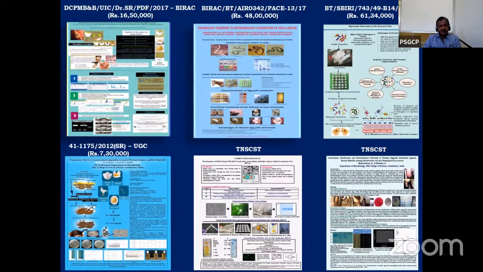We can prevent this using chicken antibodies, because we can prepare an enormous amount of antibodies. With these antibodies, we can make products like mouthwash, or incorporate them into a gel or lozenges. With that, we can control it.